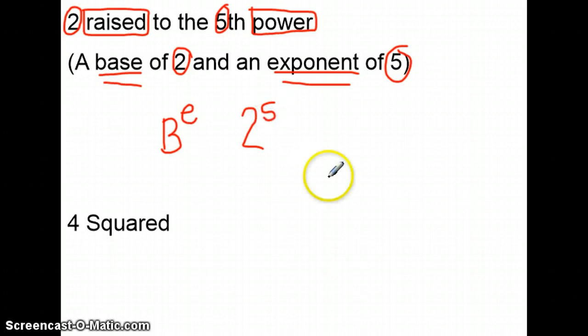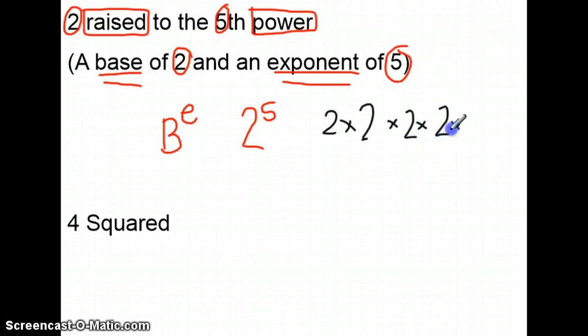What does that look like? That looks like 2 multiplied by itself 5 times. 2 times 2 times 2. 2 times 2 is 4.